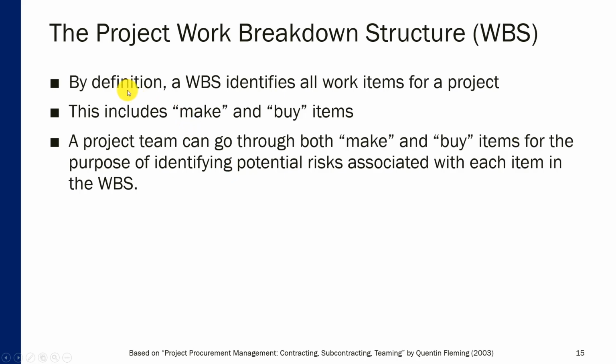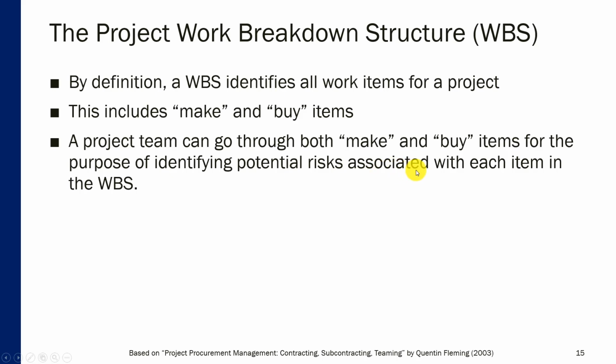So the first approach is to work with the project's work breakdown structure. Now, by definition, a work breakdown structure identifies all work items for a project. And this includes both make and buy items. So what a project team can do, they can go through both make and buy items for the purpose of identifying potential risks associated with each item in the work breakdown structure.